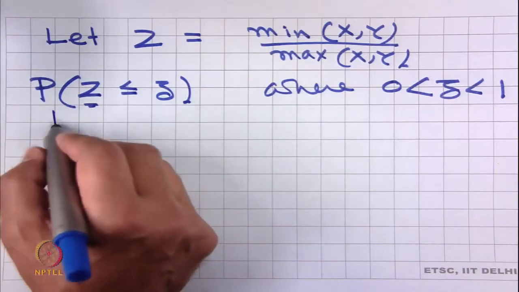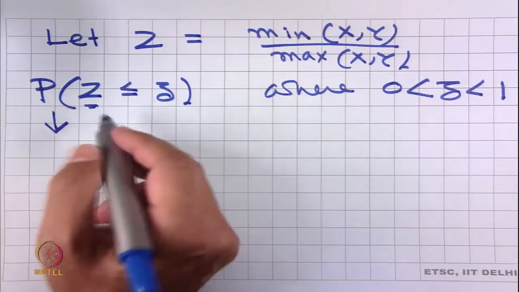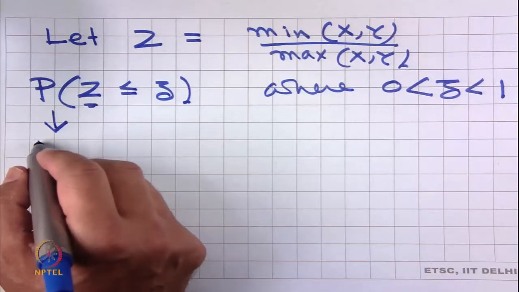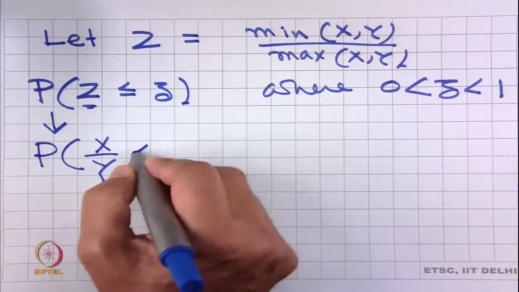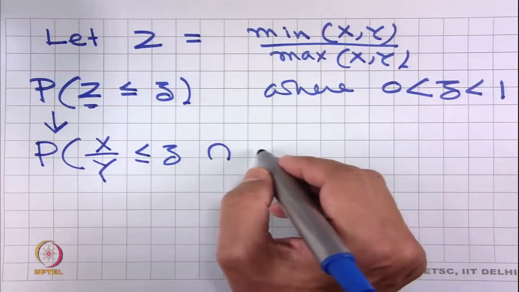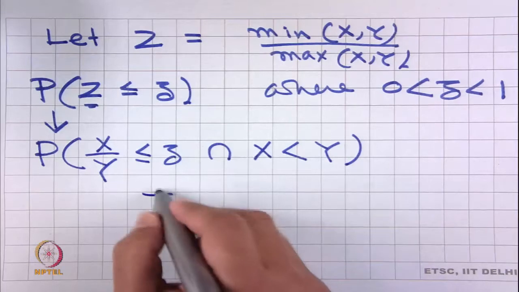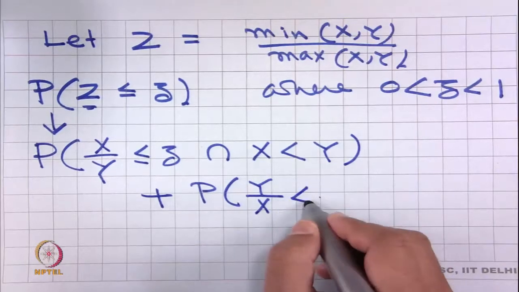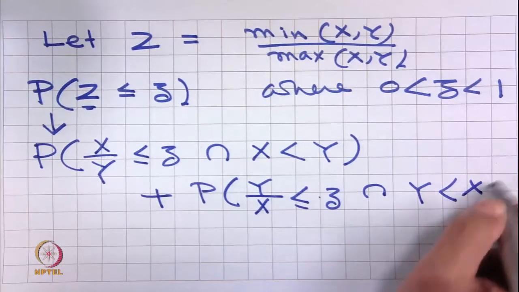Now, this event we can have in two possible ways. One is probability x by y less than or equal to z and x is less than y, plus probability y by x is less than or equal to z and y less than x.